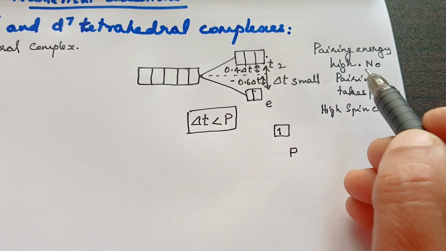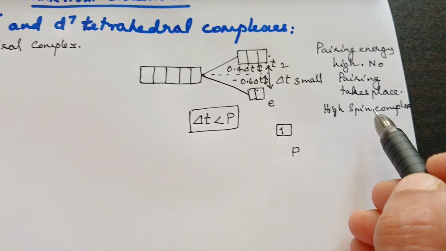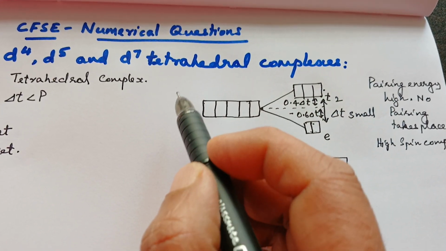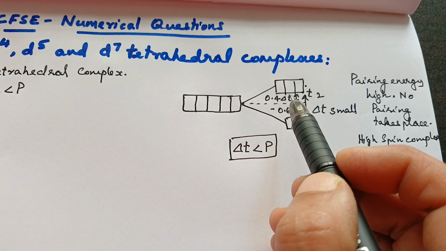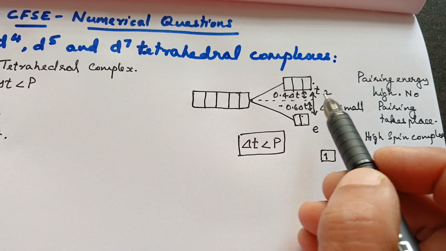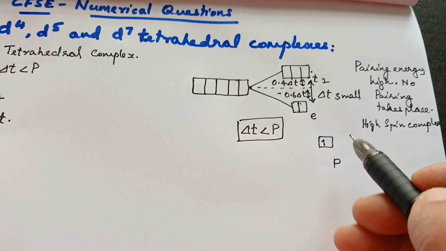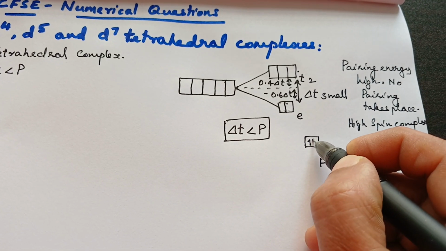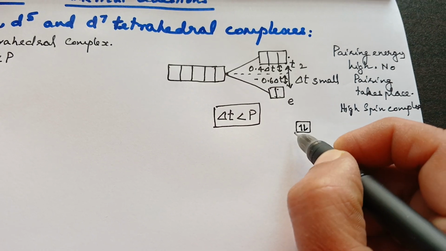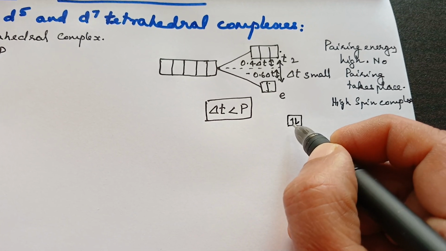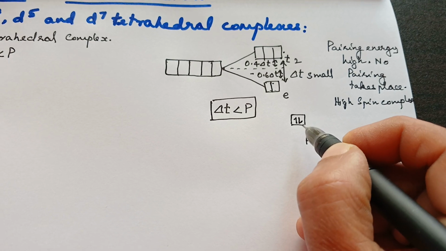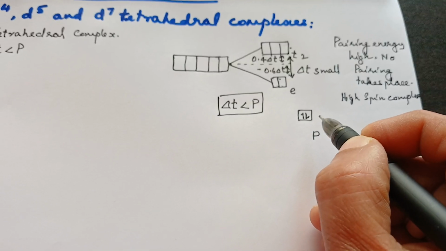So we do not consider pairing energy usually when we are doing these tetrahedral complexes. When we are calculating CFSE for tetrahedral complexes, we do not add up pairing energy. See, when one more electron comes in here, we say that these electrons are spin paired, opposite spins coming in the same orbital.